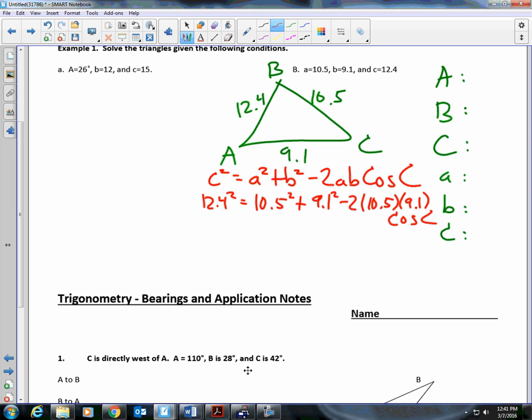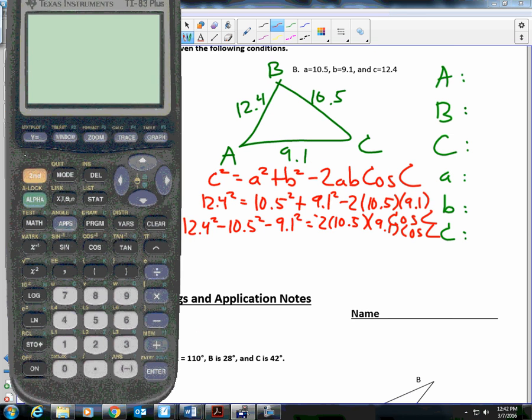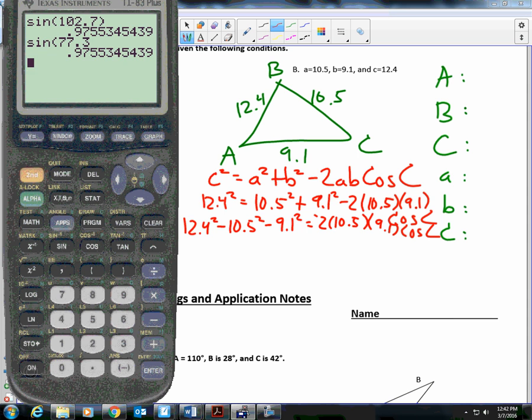So I'm going to have 12.4 squared minus 10.5 squared minus 9.1 squared is equal to negative 2 times 10.5 times 9.1 times the cosine of C. So, we take out our calculator. We simply just go through.